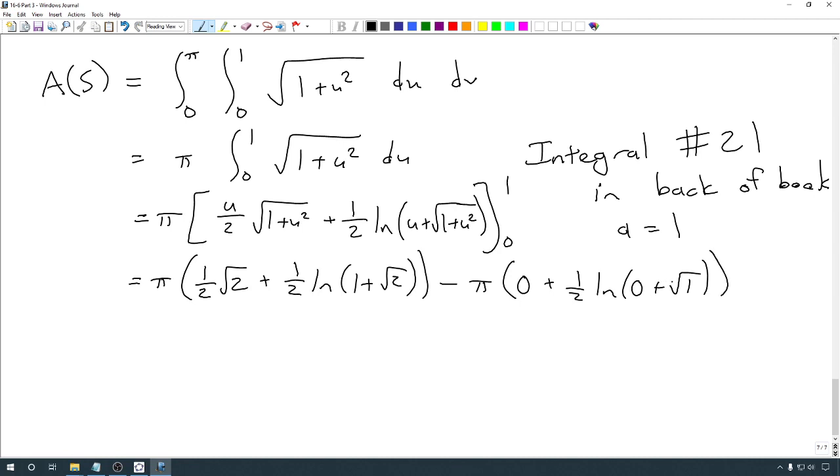But here, what do we have? We have ln of 1, and ln of 1 is 0. So actually, this turns into 0 plus 1/2 of 0, or in other words, all of that is actually 0.